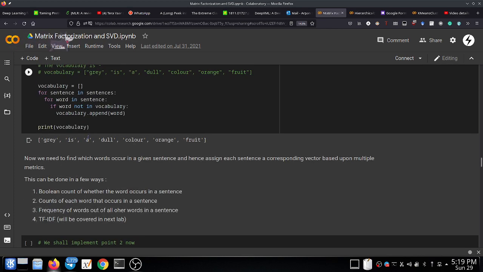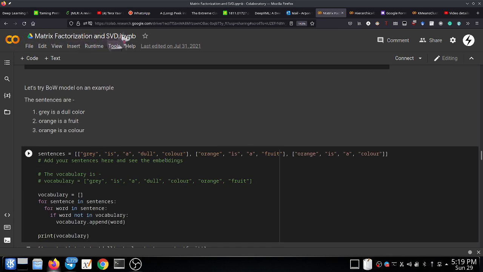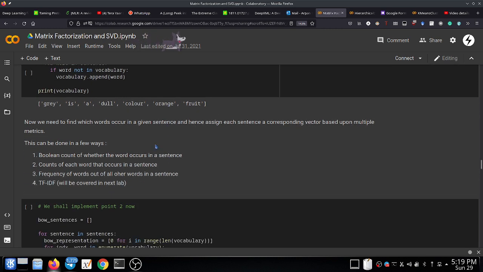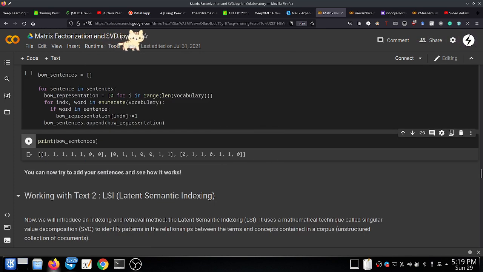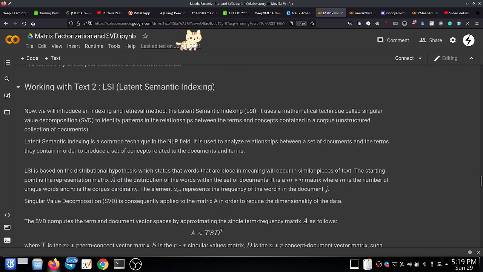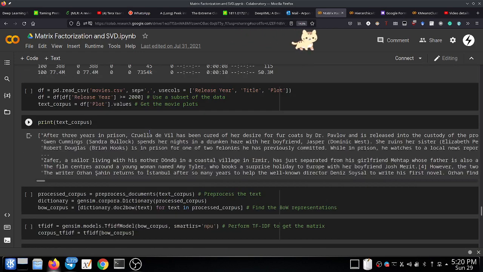So you can see correspondingly here, say that "gray is a dull color" will have ones at 1 1 0 1 1 1 1, five 1s, 0 0. So yeah, that is what this is. And you can try this out with other sentences.